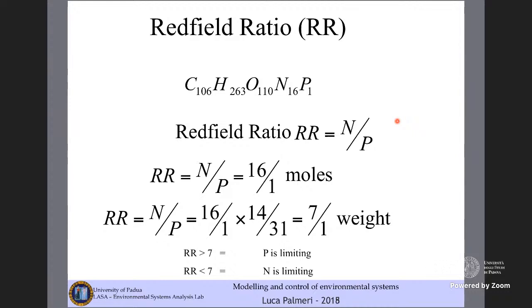Of course, the limiting nutrient is a relative concept, because it means it is the nutrient that is less available. So, for example, in the case of coastal zones, the limiting nutrient is nitrogen because we have a constant, strong supply of phosphorus.